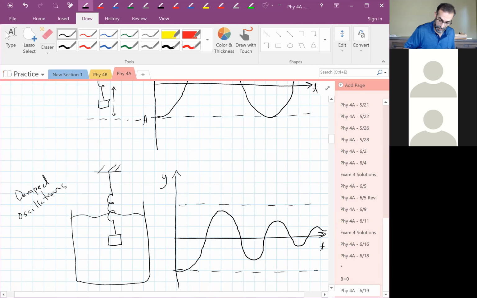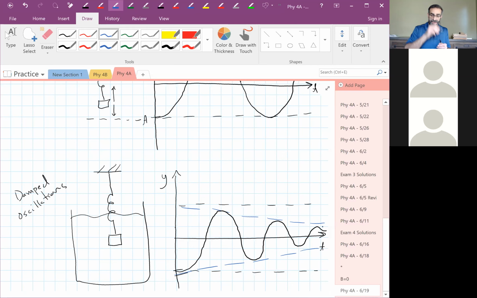So there's sort of this window that's closing on it, and each time it oscillates back and forth, the amplitude gets a little bit smaller.